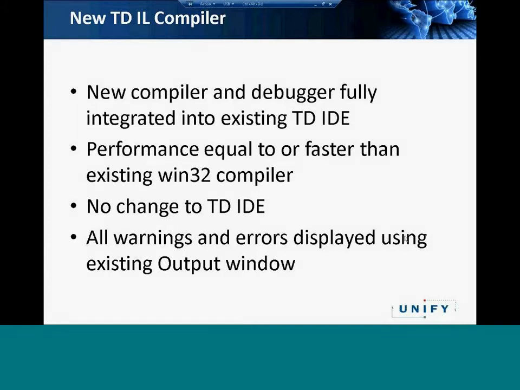No change to the graphical environment at all. And all warnings and errors are displayed using the existing output window. So we're making it really easier for you as a developer to develop, code your application into Team Developer 6.0, and the only thing you have to worry about is compile into a different method if you want .NET.